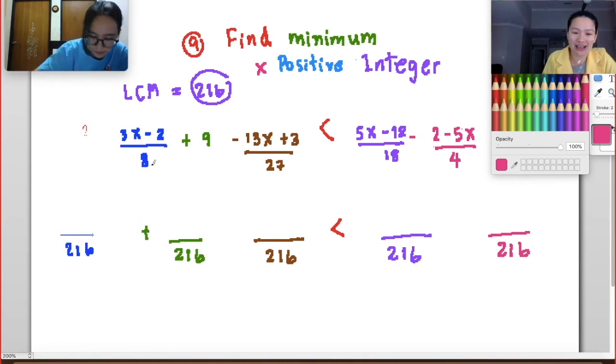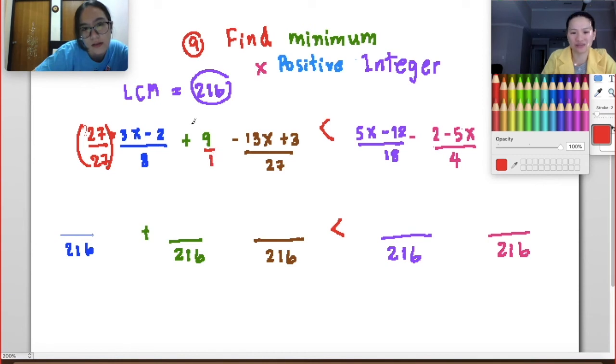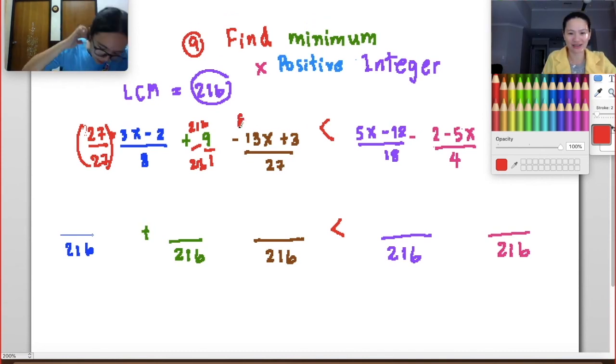How to make 8 equal to 216? You have to multiply with 27 here and 27 here. Is that correct? Yes. And how to make 1 equal to 216? Multiply 216 here and 216 here. How to make 27 equal 216? You have to multiply with 8 and 8.